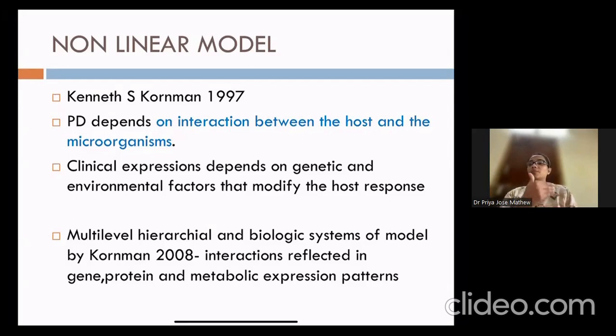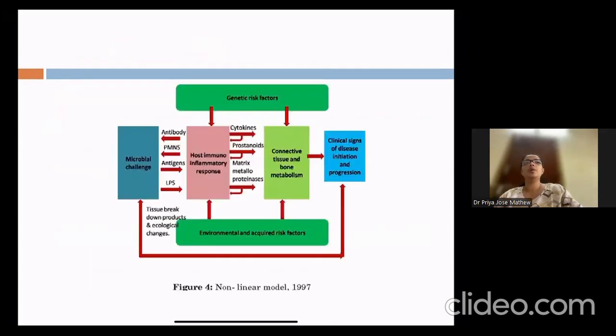According to this model, they have mentioned the interaction between the host and the microorganism. In this model, they have also considered the clinical expressions that depend on the genetic and environmental factors that modify the host response. The four boxes are the microbial challenge, the host immune inflammatory response, the connective tissue and bone metabolism, and the clinical signs.